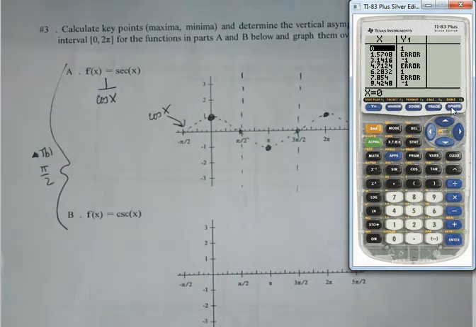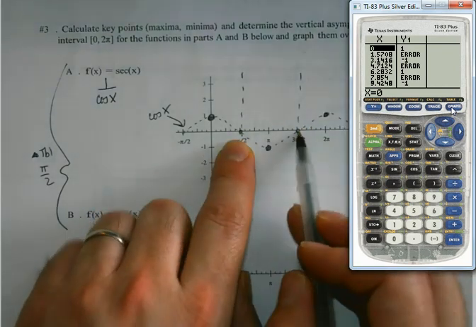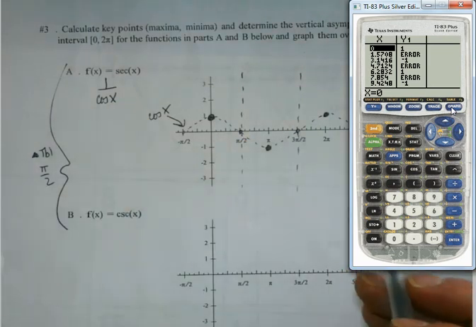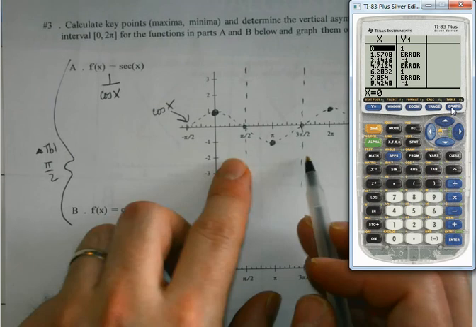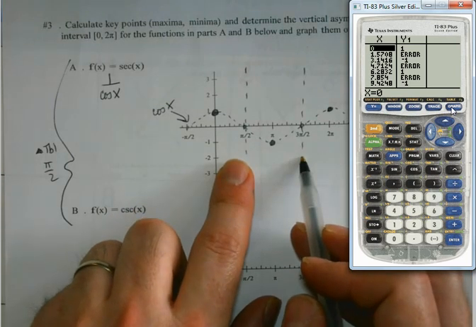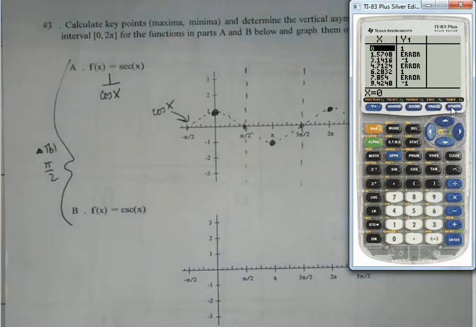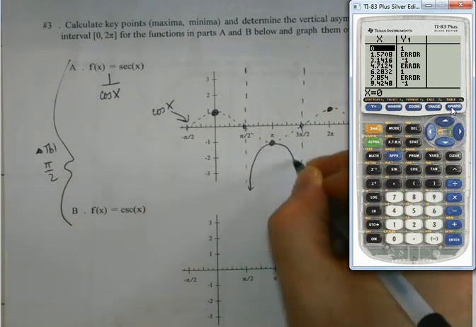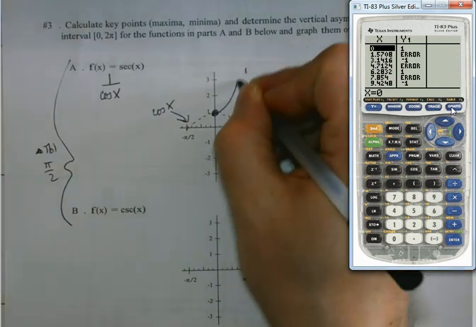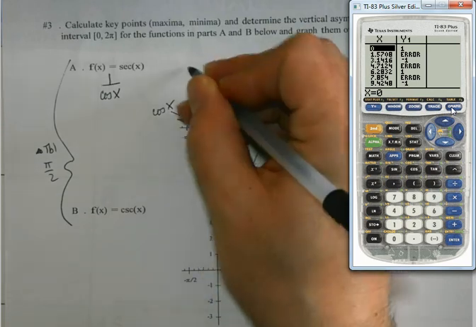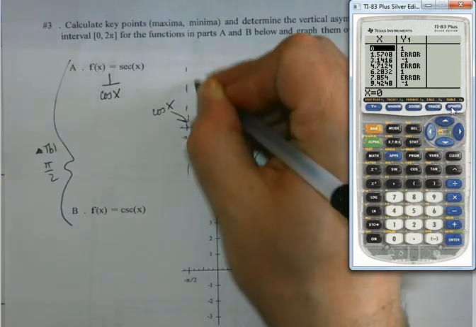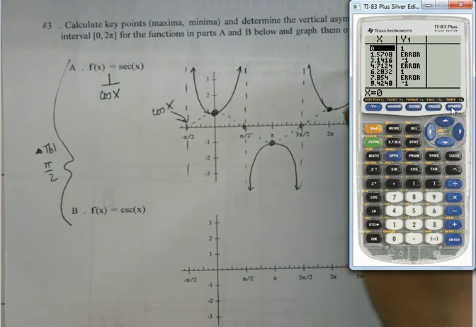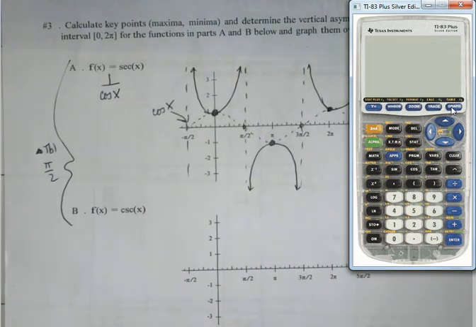Because if you think about it, if cosine's value is 0 right there, and I take the inverse of like 0 over 1, what happens? I get undefined. That's what asymptotes are. So when I get those asymptotes, then the parabolas just work off of them. And I can get my drawing.